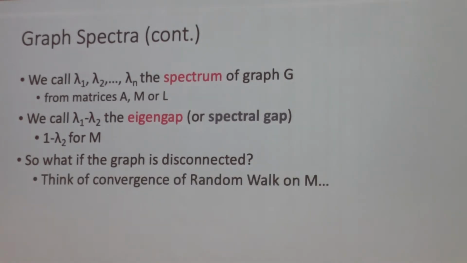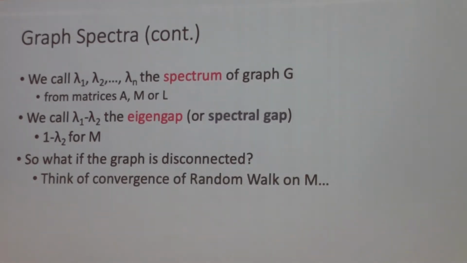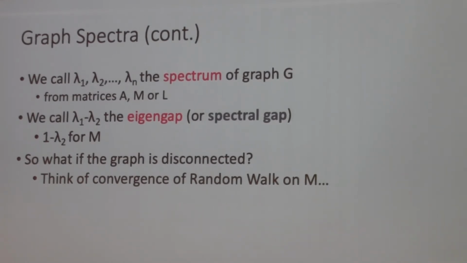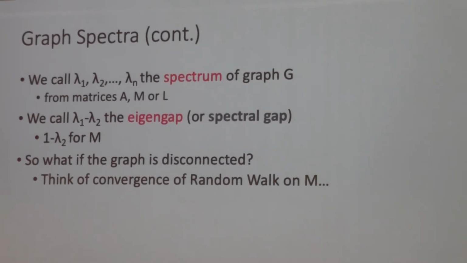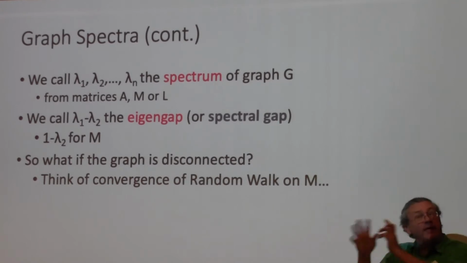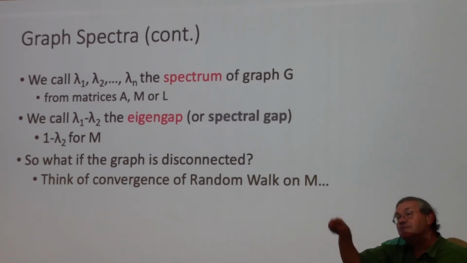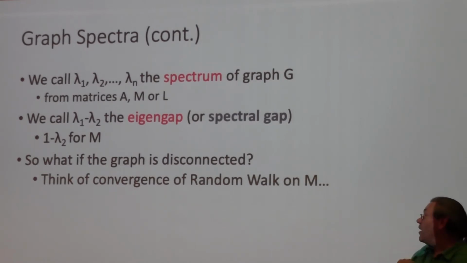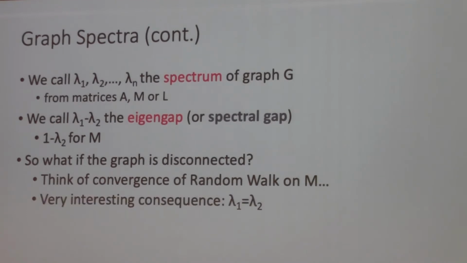So assume the graph is disconnected. Okay? If a graph is disconnected, maybe it has two components. So if you start your random walk in the first component, it'll stay there, right? If you start your random walk in the second component, it stays in the second one. So you can see that there's some connection between that and the random walk. This disconnected nature, okay?